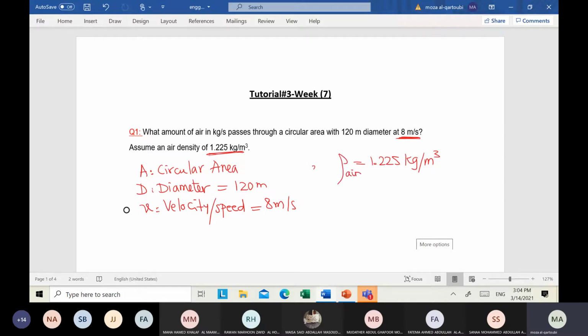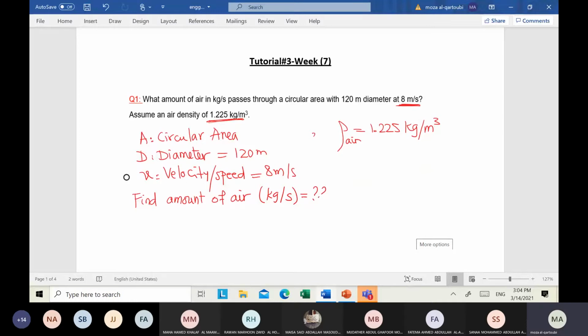And we are asked to find the amount of air in kilogram per second, given the symbol. Find the amount of air in kilogram per second. Does anyone know the symbol?